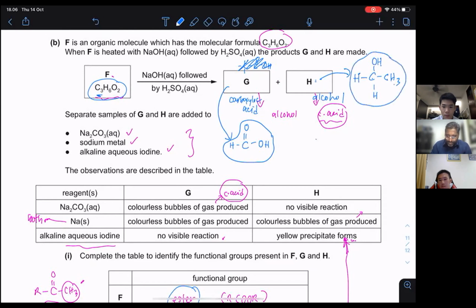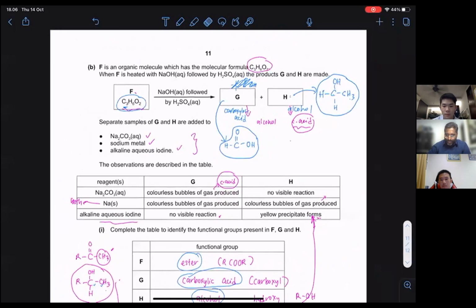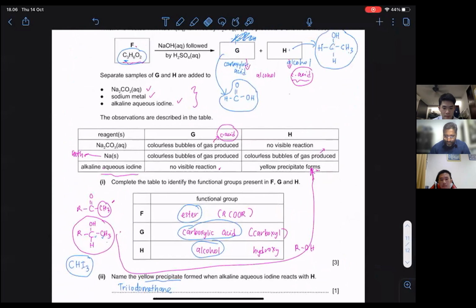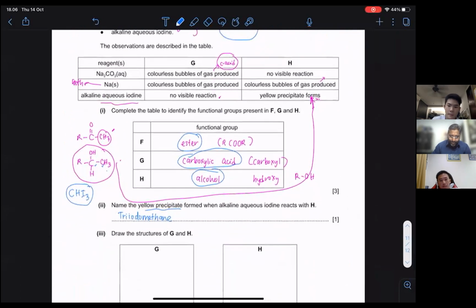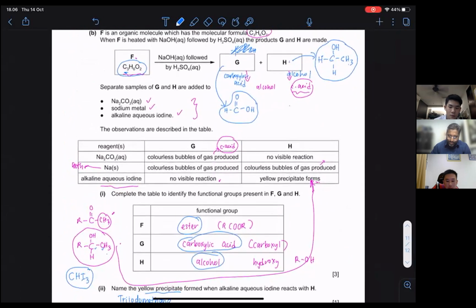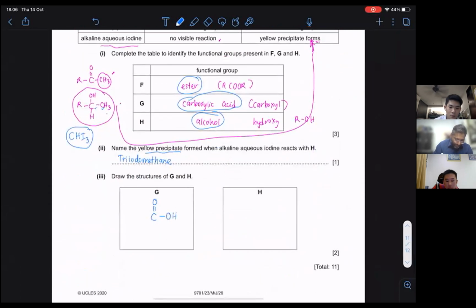And even if you have any question, you can ask me. So here, when they ask you to draw the structure of G, they didn't specify, so any structure will do. A simple one, just put double bond O, OH.